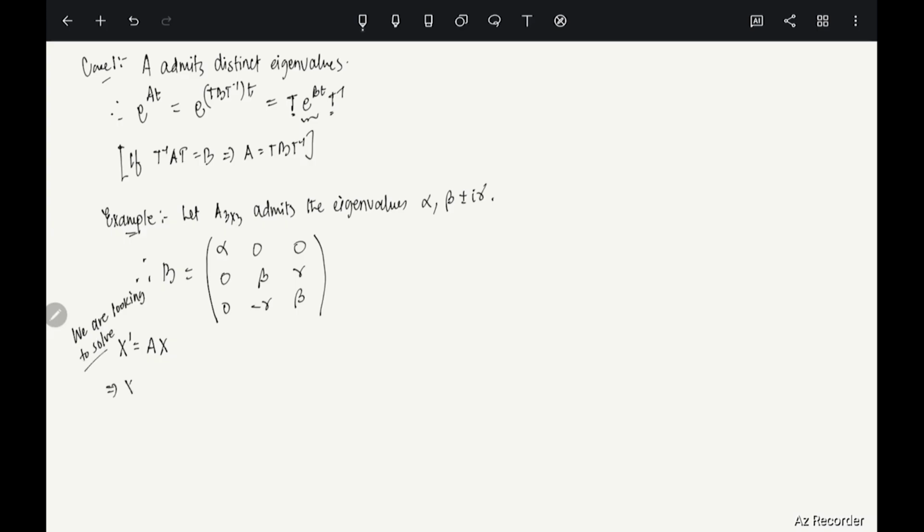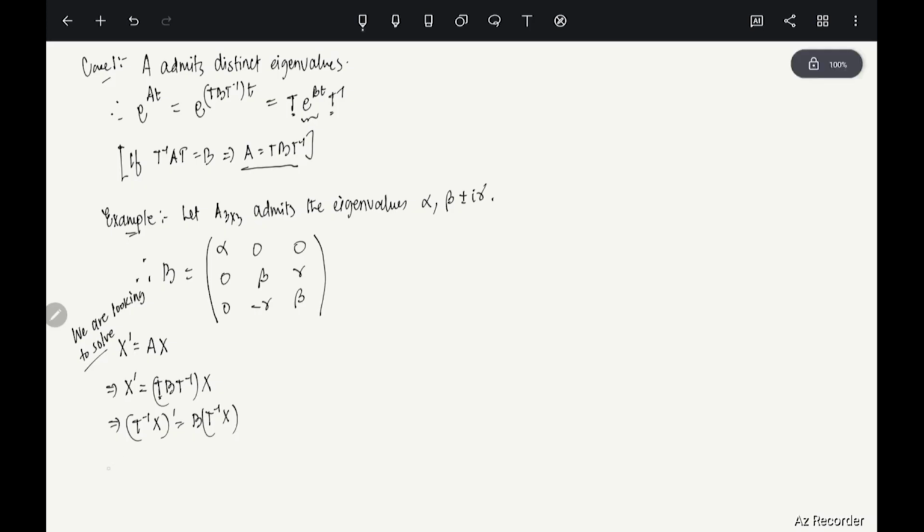Now you see what does it mean? X prime equals A x. What is A? A is nothing but T B T inverse. If we can do something like this, then it is nothing but T B T inverse times x. Okay, that will imply that T inverse x whole prime is nothing but B T inverse of x, right? See, if we take this T on the other side, it is T inverse, and since T is basically a constant matrix, I can take it inside the derivative.